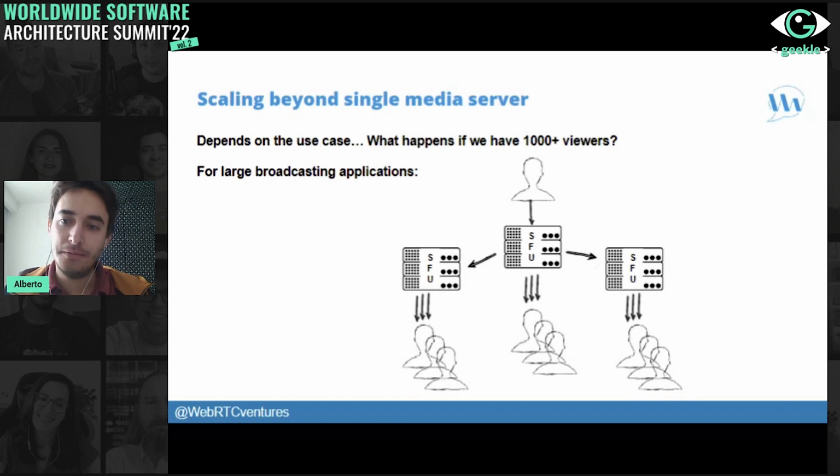And then we have other subscribing servers that allow subscribers to listen to that audio or video. That way we are scaling horizontally, but we need to make sure that traffic that goes to the main SFU that we see in this image gets distributed or cascaded to the other ones.